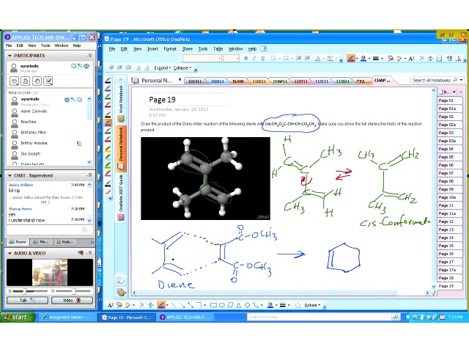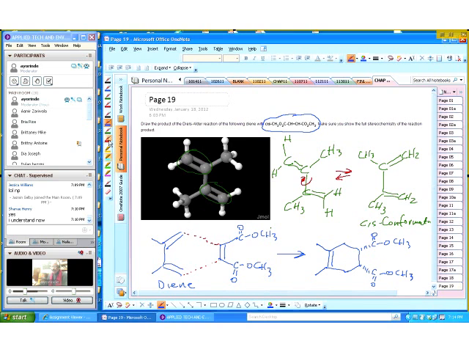Keep in mind that as a result of this reaction, a double bond will be formed right here, where you had the original carbon-carbon single bond. Of course, this metal is still here, and another metal is here.